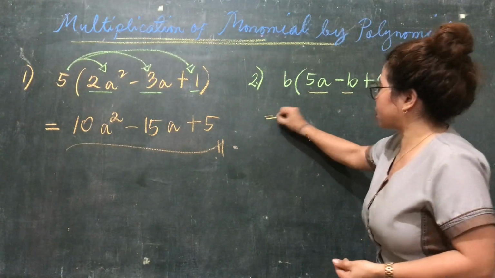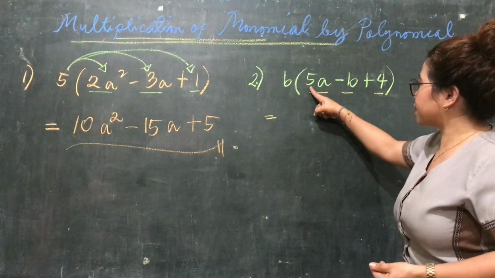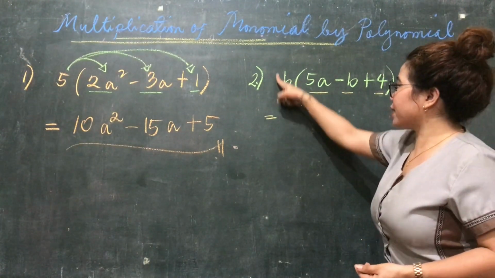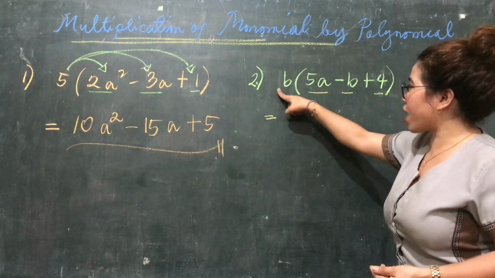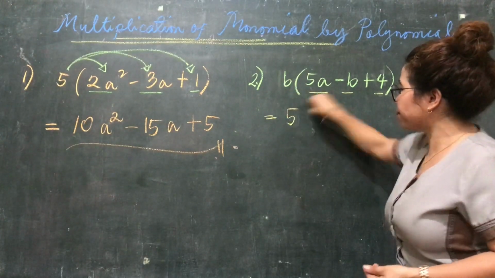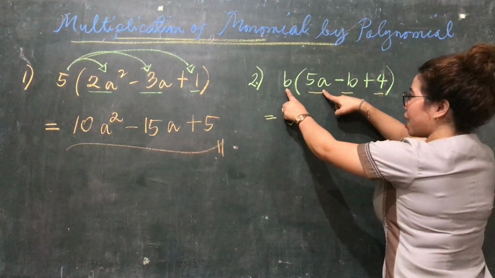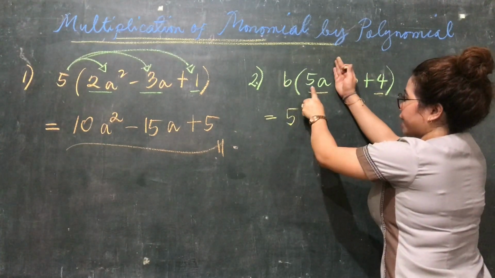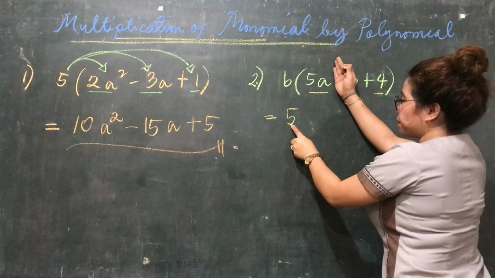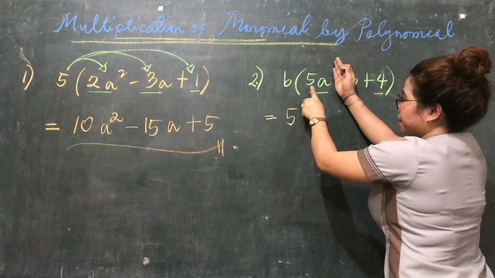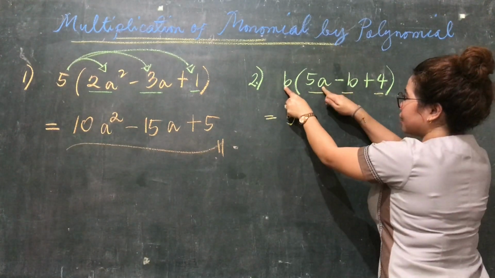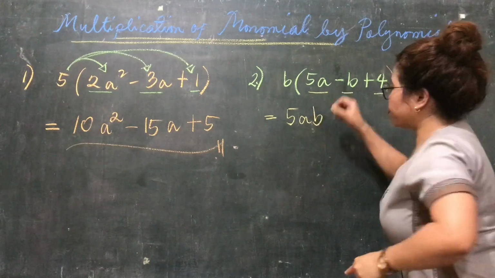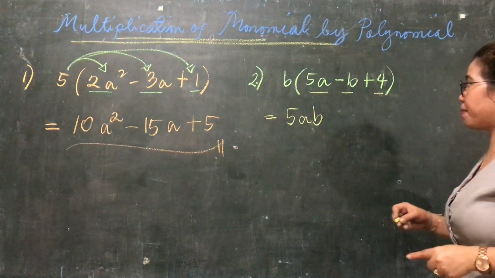Equals B times 5. Naa siya 1 diha, nga no need na ipakita. 1 times 5, you have 5. And then, dili nga imo biyaan ha, itapad na imo. Copy lang ang AB. A, B. Unahan si A ha, kay una siya sa alphabet.